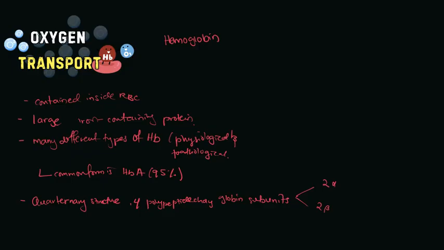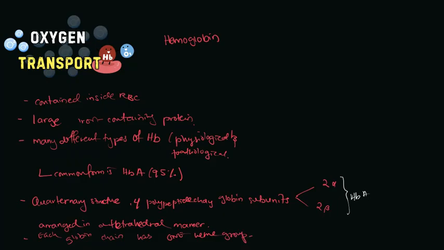This makes the HbA. They are arranged in a tetrahedral manner, sort of like a pyramid where it's concentrated in the middle. Each globin chain has one heme group, which is an iron-containing porphyrin ring with the iron in Fe2+ form, or ferrous form.